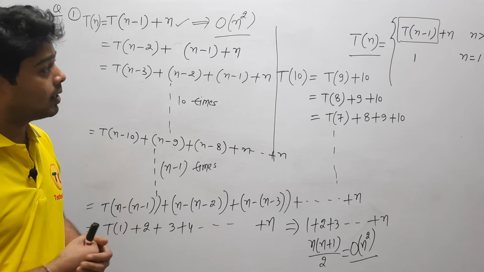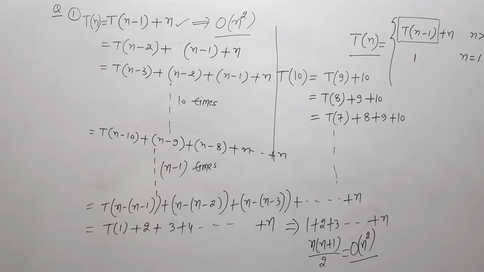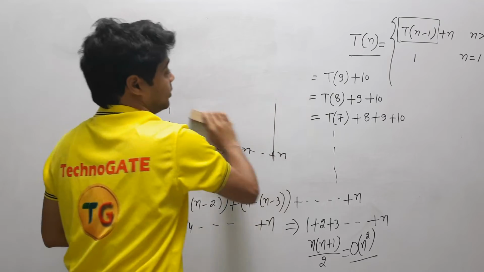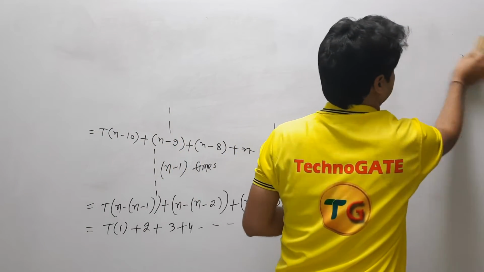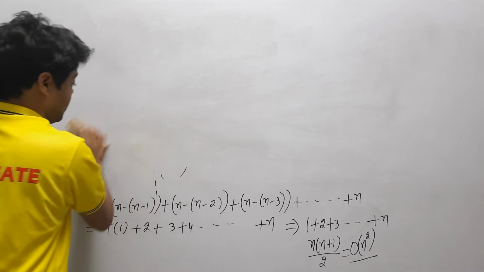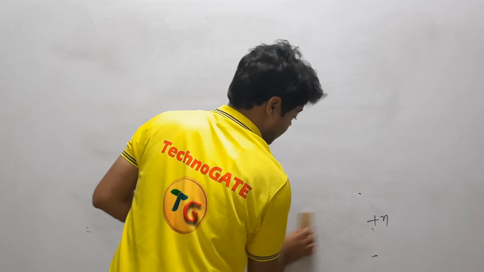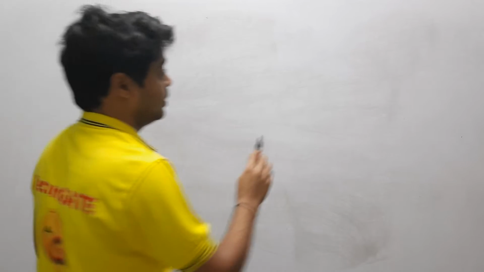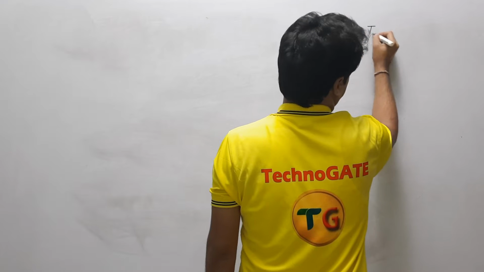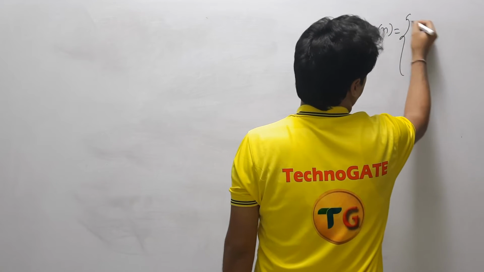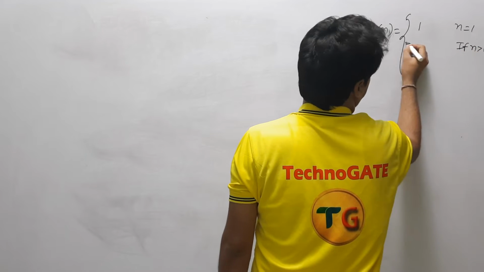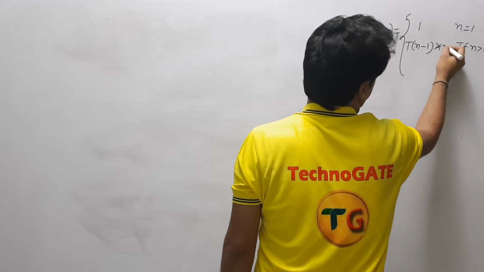So let's see one more problem and how to solve it. The recurrence relation is: T of n is 1 if n is 1, and if n greater than 1, then T of n minus 1 into n.